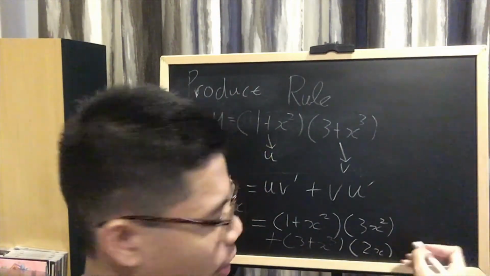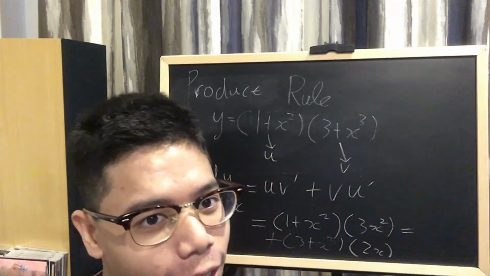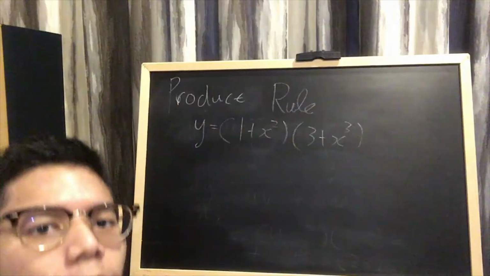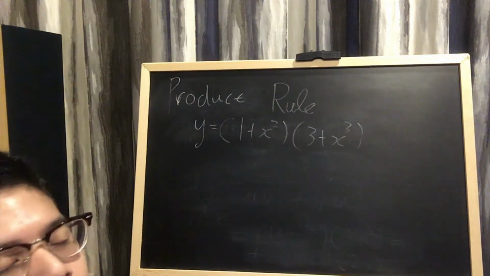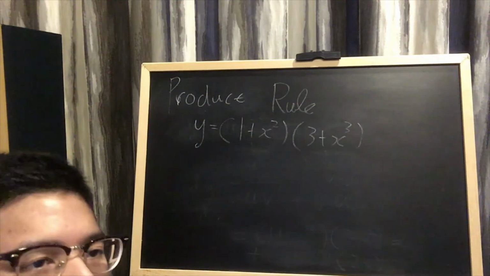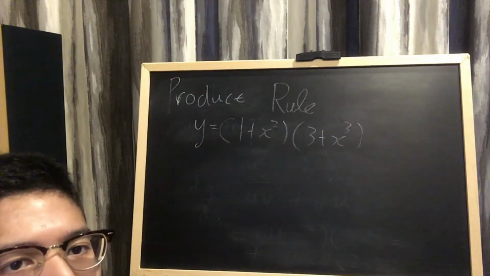And then once you've done this, you're going to get the answer. Alright? So now let's see how simple this is, expanding and then differentiating it, or using the product rule. Okay?